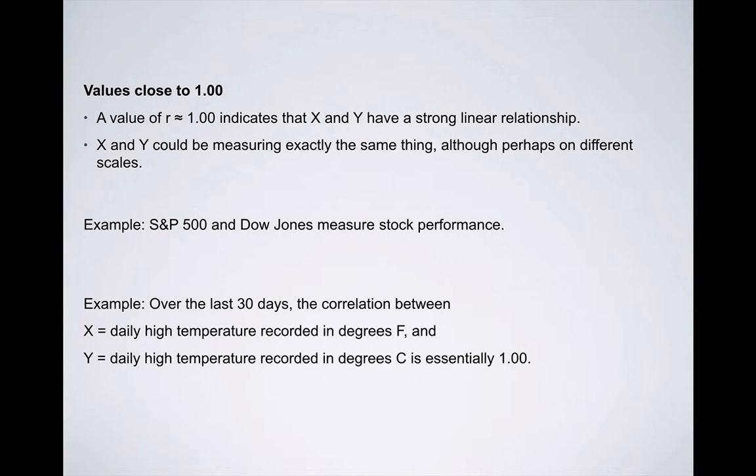Also, if you take a look at temperature, the correlation between the measurement of temperature in Fahrenheit and the temperature in degrees Celsius is essentially 1. And that's because they're measuring the exact same thing, but in different scales.